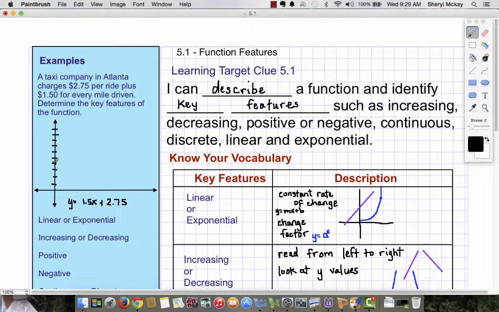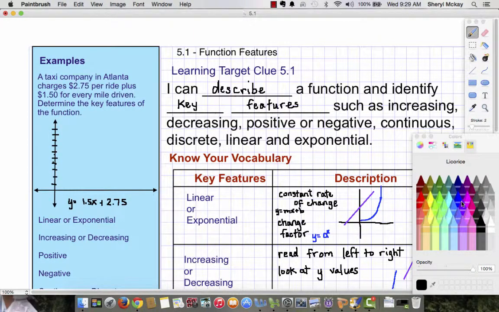So that's 1, 2.5, maybe right there. Let me get a different color. I've been using purple for my linear functions, so I'll make that be my y-intercept. So when you just get in the cab, you're charged $2.75.